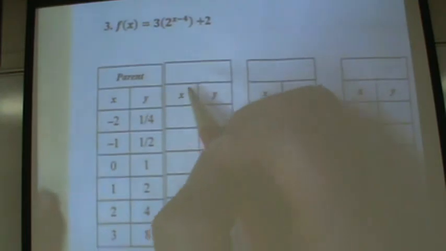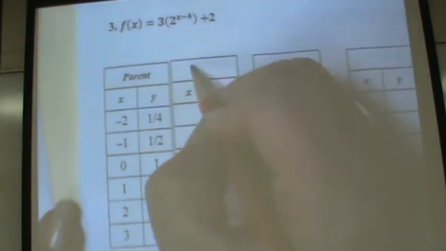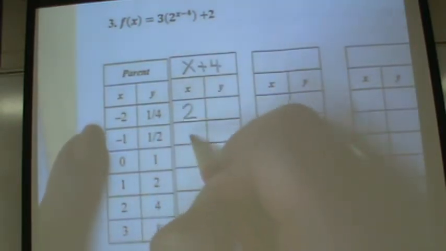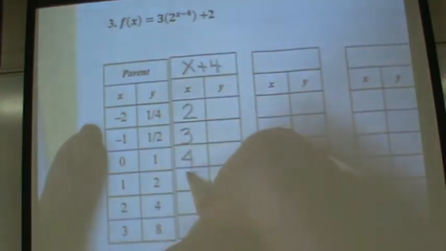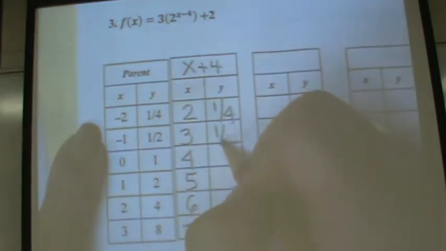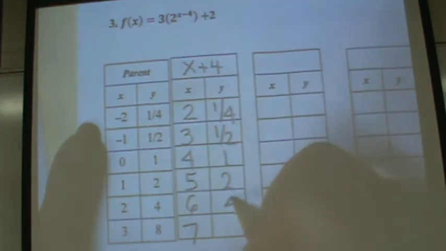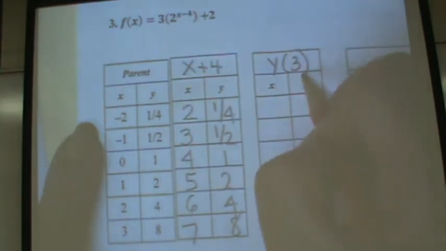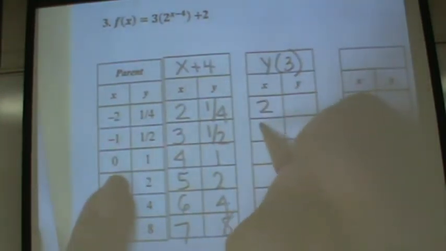One more. This one, you're going to first do what with your x's? Add 4. So if we add 4 to these, we get 2, 3, 4, 5, 6, 7. And we're going to take our y values and multiply them by 3, keeping our x's the same.